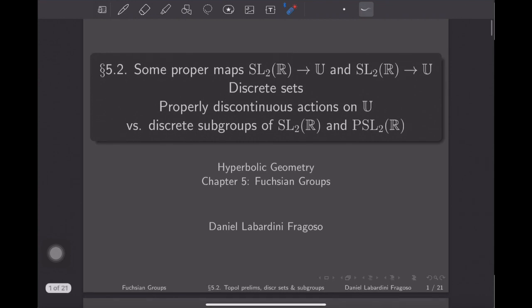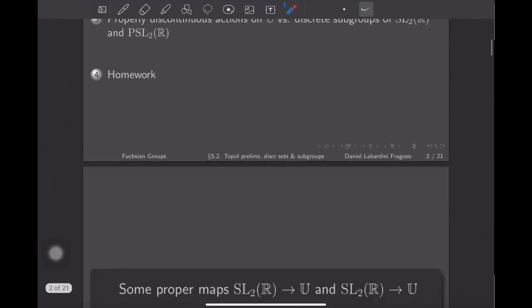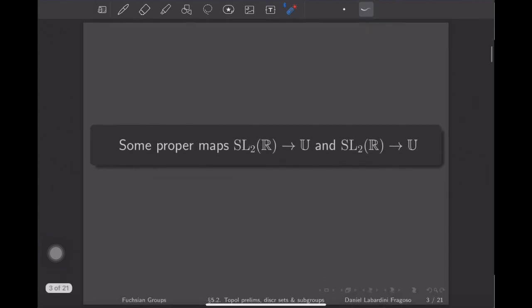Okay. So, proper maps. Recall that in general, a continuous map between two topological spaces is called a proper map or proper function if the inverse image of any compact subset is compact in the domain.